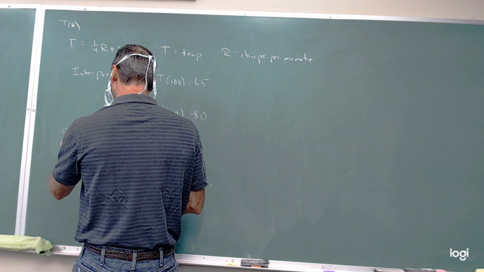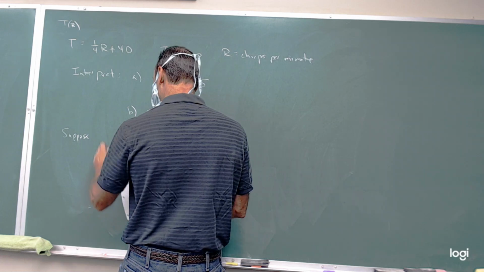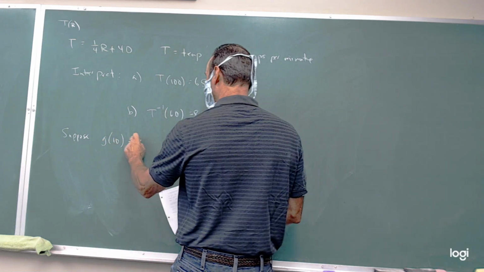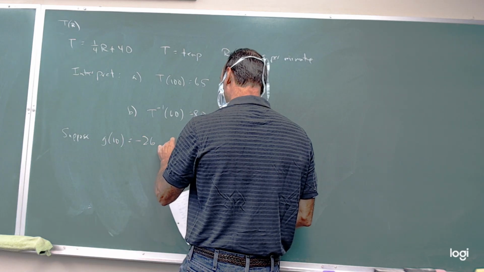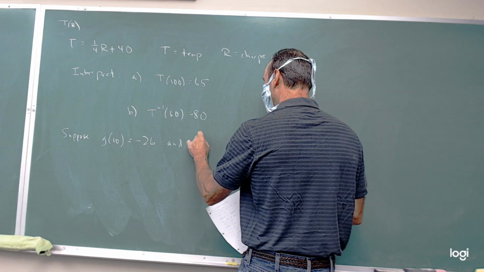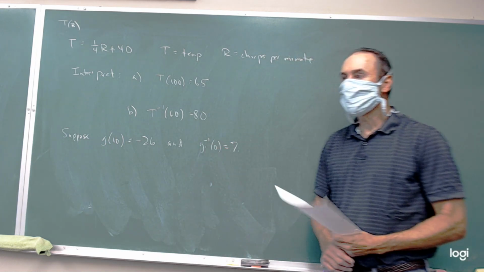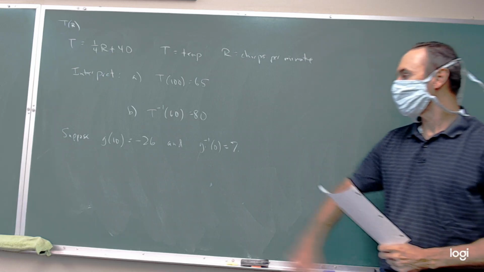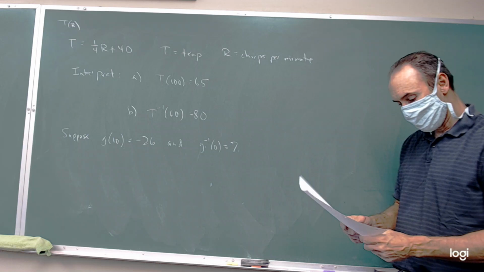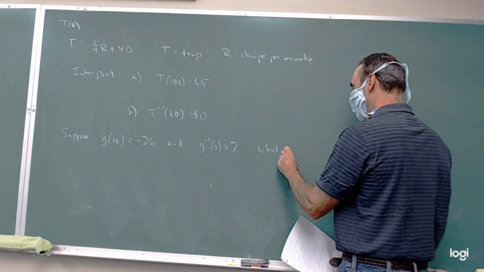Okay, so suppose, different question here, not related to this at all. Suppose we know only two things about some function g, that g of 10 is equal to negative 26, and we also know that g inverse of 0 is 7. So if we know the value of g at one point and the value of g inverse at a different point, what other values do we know about g and g inverse?